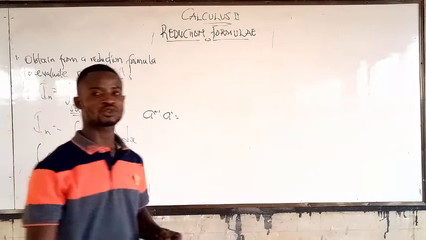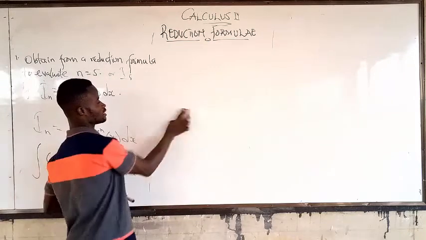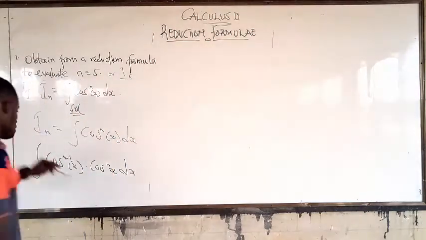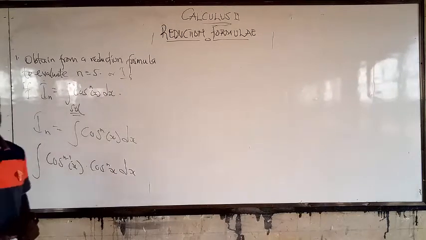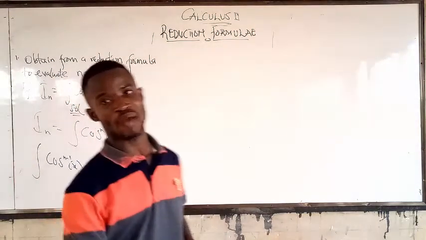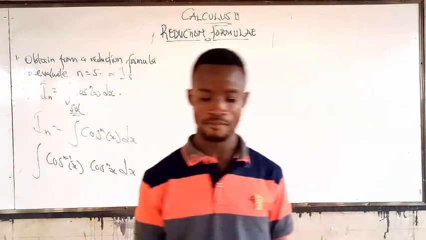When you add 1 to n minus 1, you are going to get what? n. So this is the same as that. Then we are going to use our idea in integration by parts to solve this question.